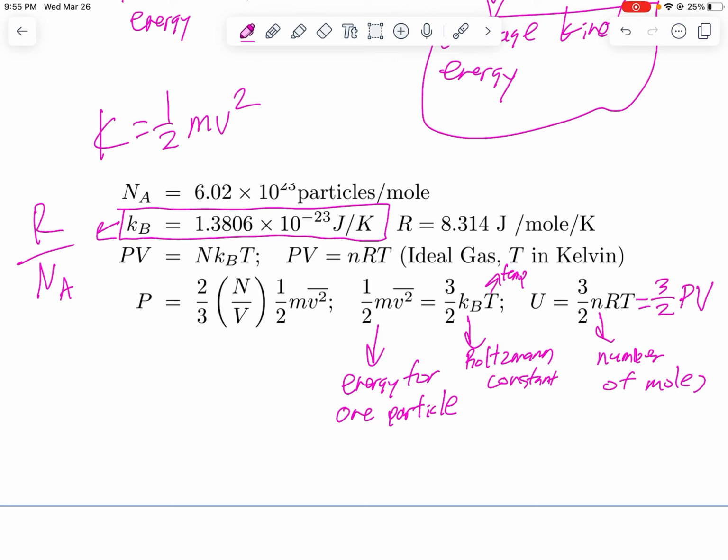So this first one, the one I'm talking about, I don't think I've ever seen this be used, but it's there. It's another rearrangement of 3/2 times pressure times volume. I guess you can use it, but you've got to be careful. This N is the number of gas particles.